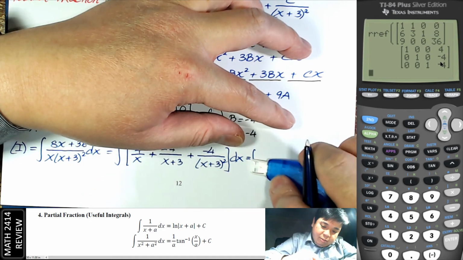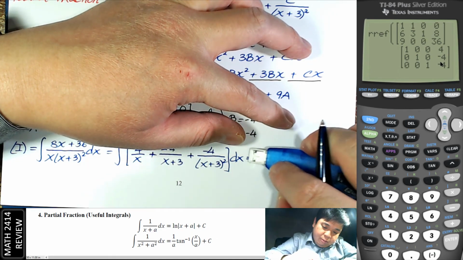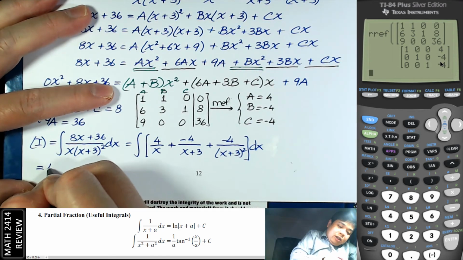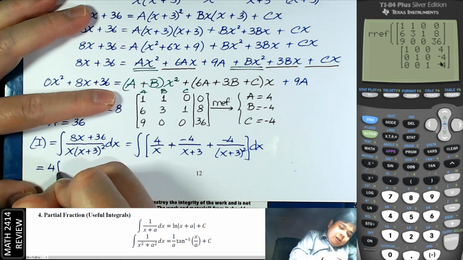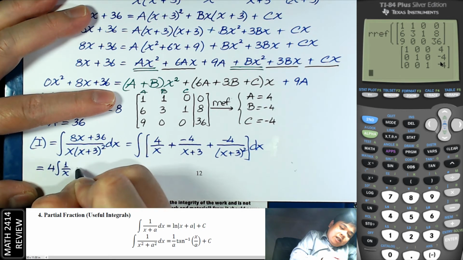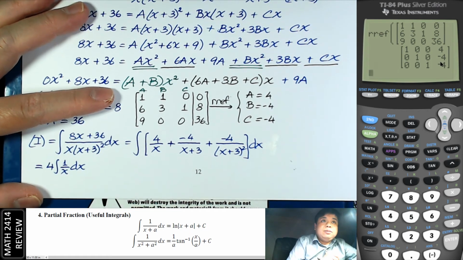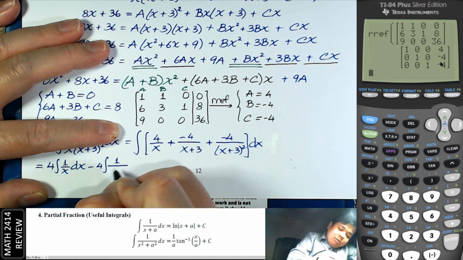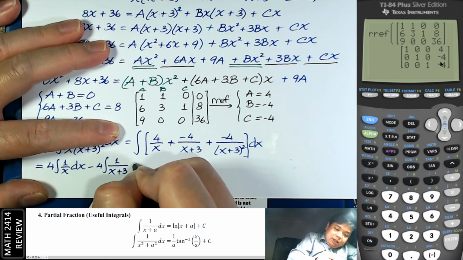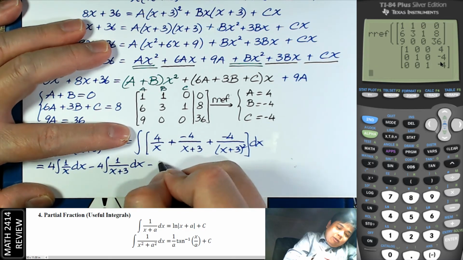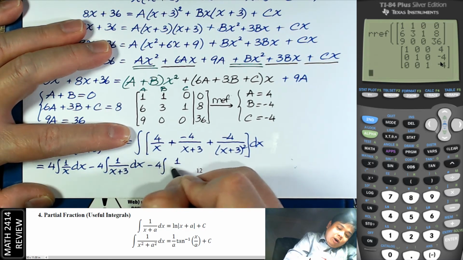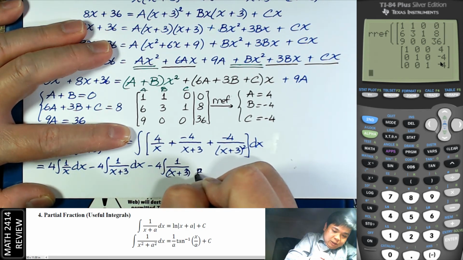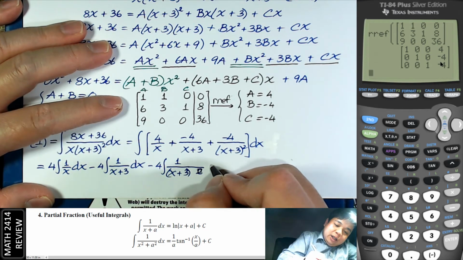Let's write that. We split this into 3: 1 over x dx, minus 4 times 1 over x plus 3 dx, minus 4 times 1 over (x plus 3) squared dx.